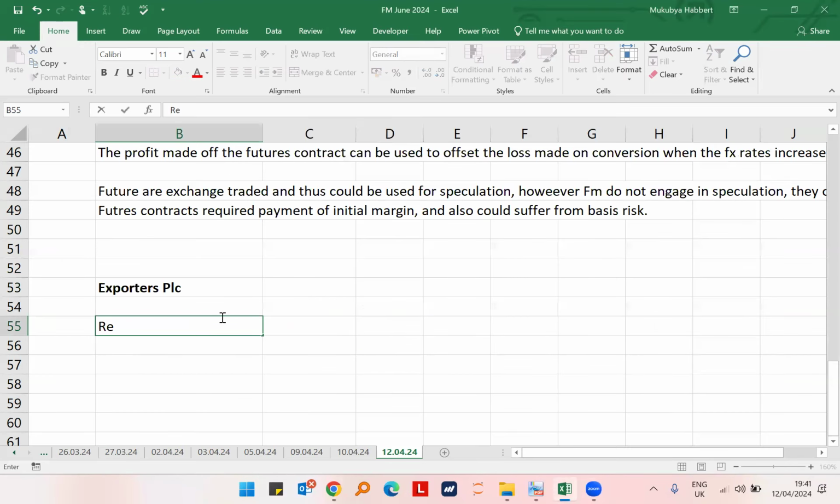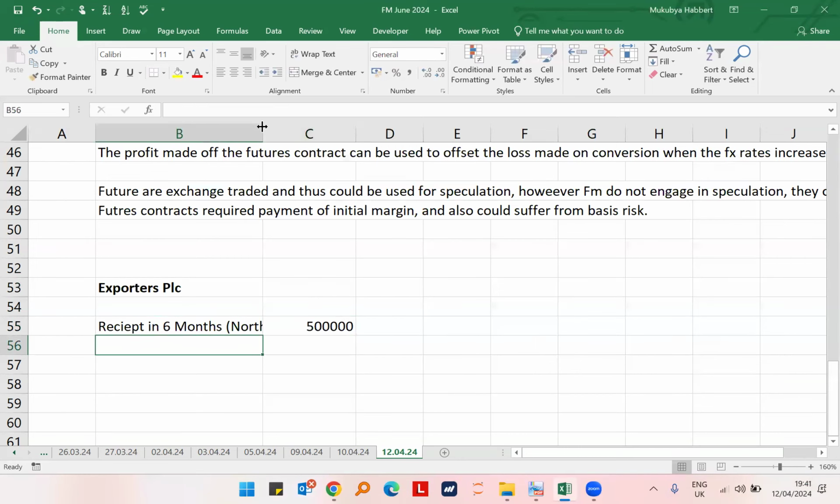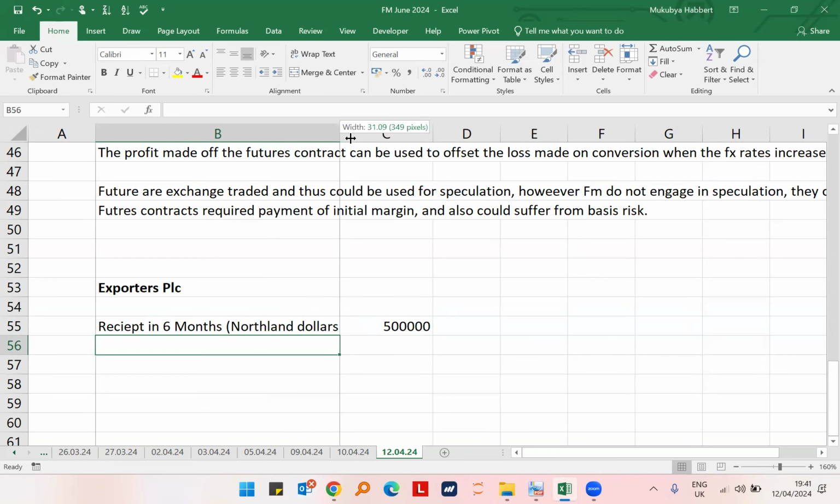So receipt in 6 months, and this is Northland dollars, 500,000. That's the receipt in 6 months.